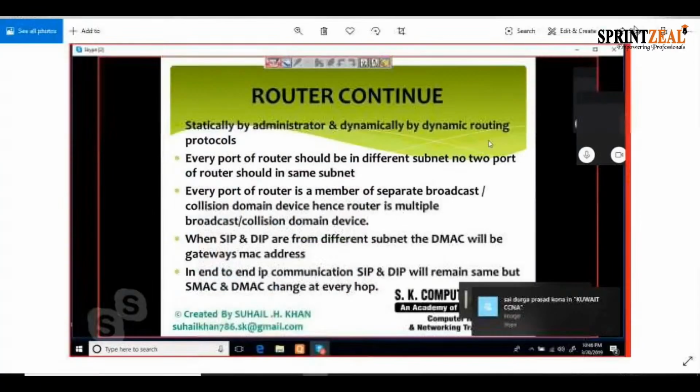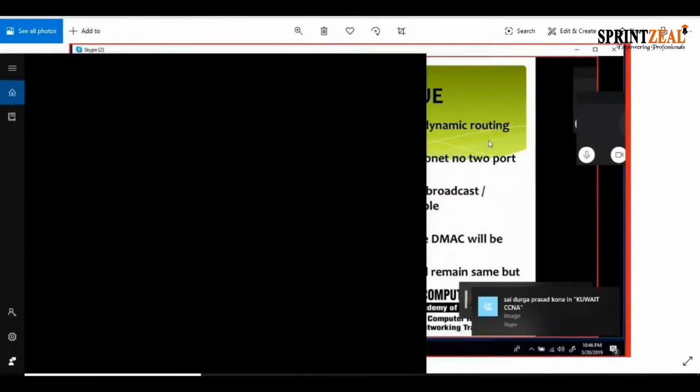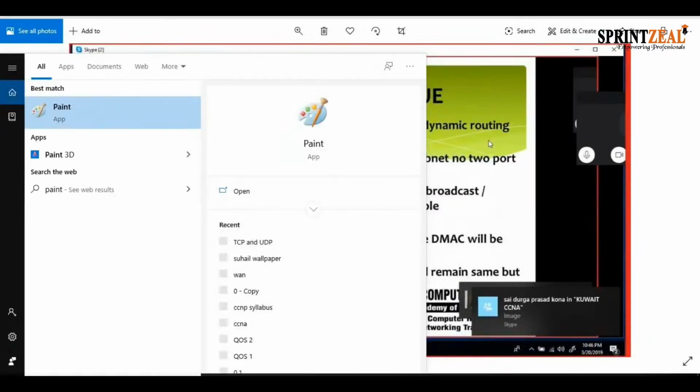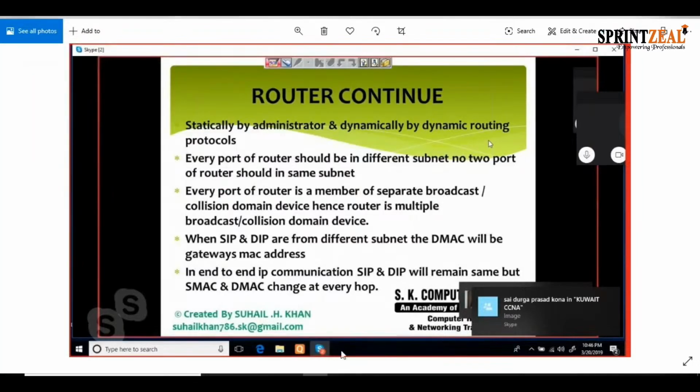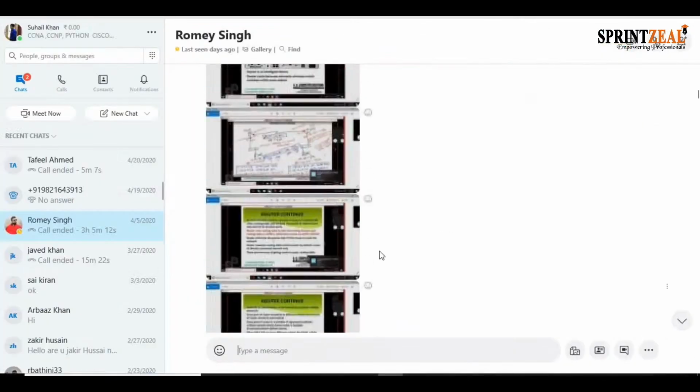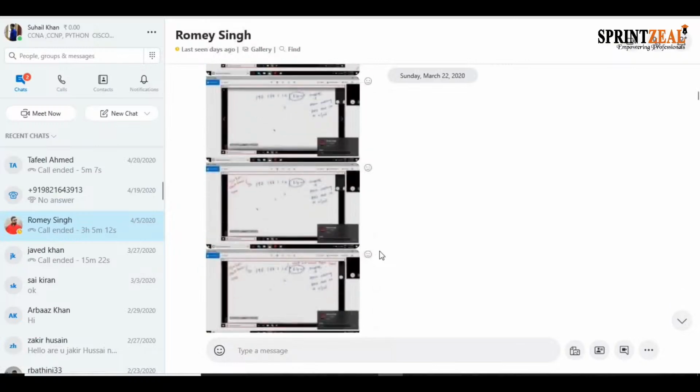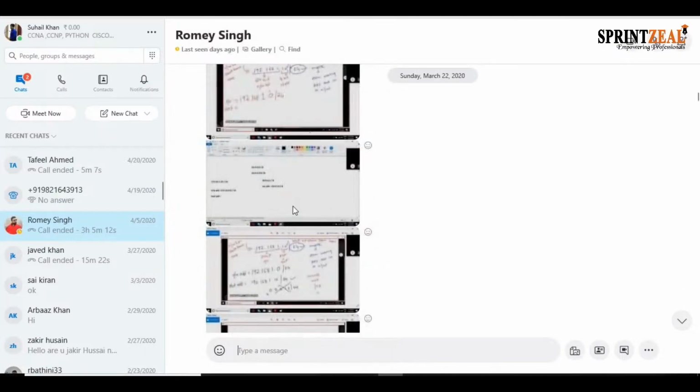Wait, I'll show you in Paint. I'll show you the difference. I think there is a difference, but why is it not showing? Wait.